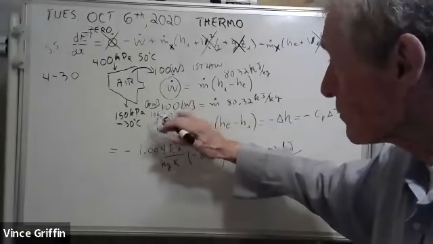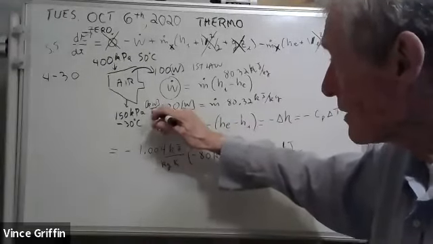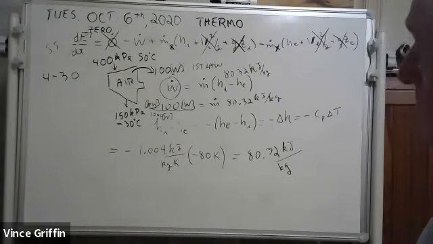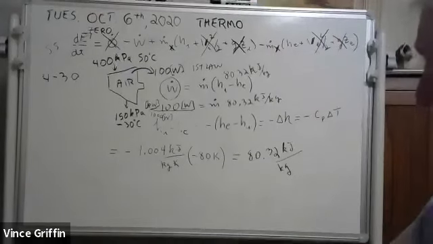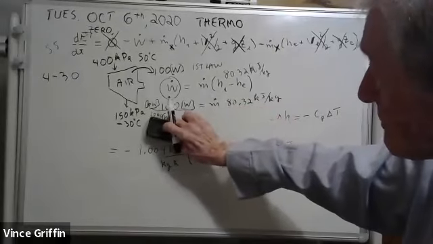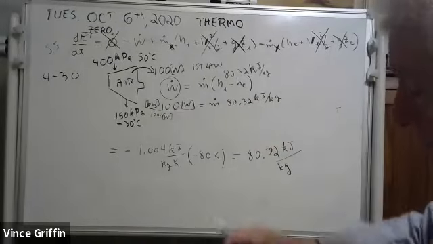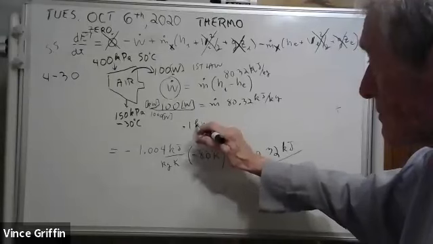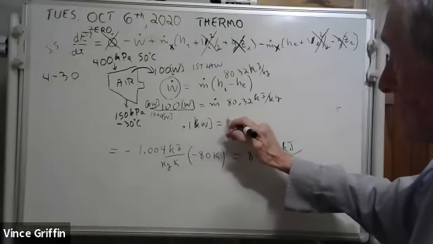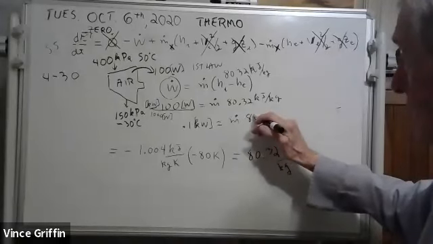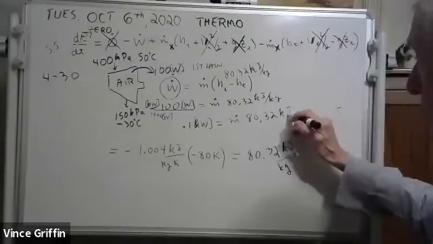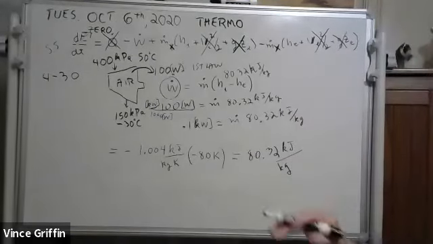That way you get rid of the watts, and what you wind up with is 0.1 kilowatts equals m dot times 80.32 kilojoules per kilogram. Okay, go ahead and find the mass flow rate. Go for it.